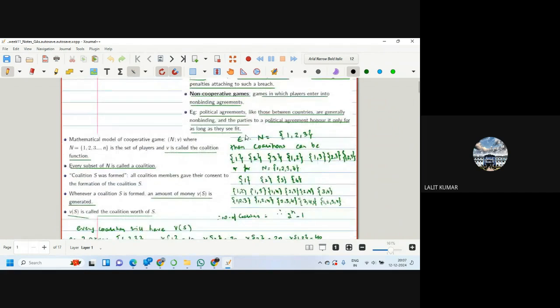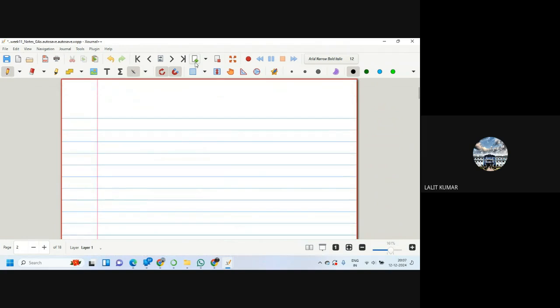So without going into the theory, I'll just give you an example. For example, there are three people. So this n is the number of players. For example, there are three players, one, two, and three. If they make a coalition, for example, their individual values are V1 is equal to 0, V2 is equal to 0, V3 is equal to 0.